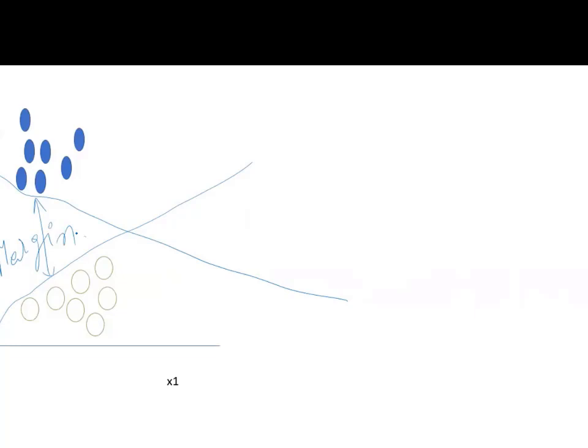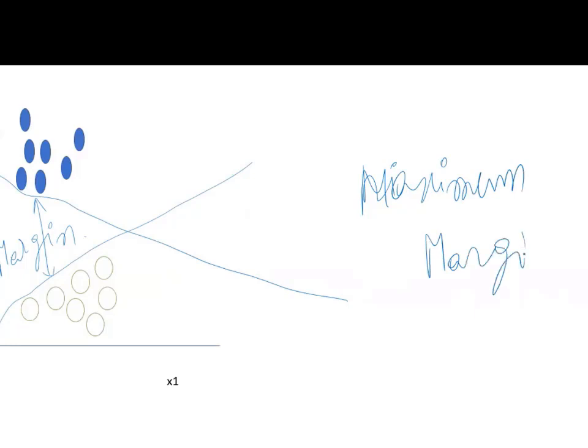Right. When you are able to find margin 1, margin 2, margin 3, margin 4, margin 5, which margin is to be considered the best margin? There is no doubt: whichever has the highest margin, the maximum margin, is the best one.